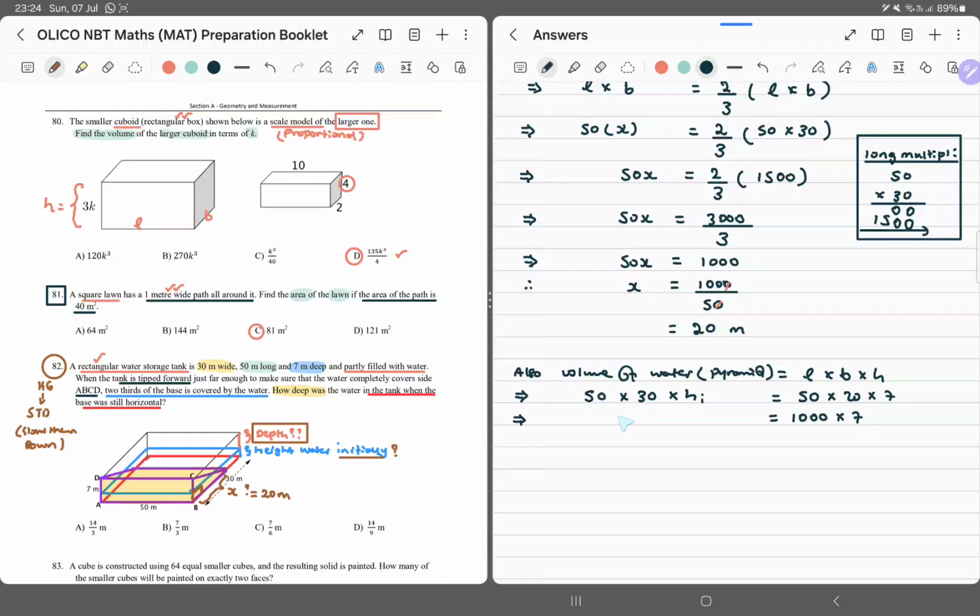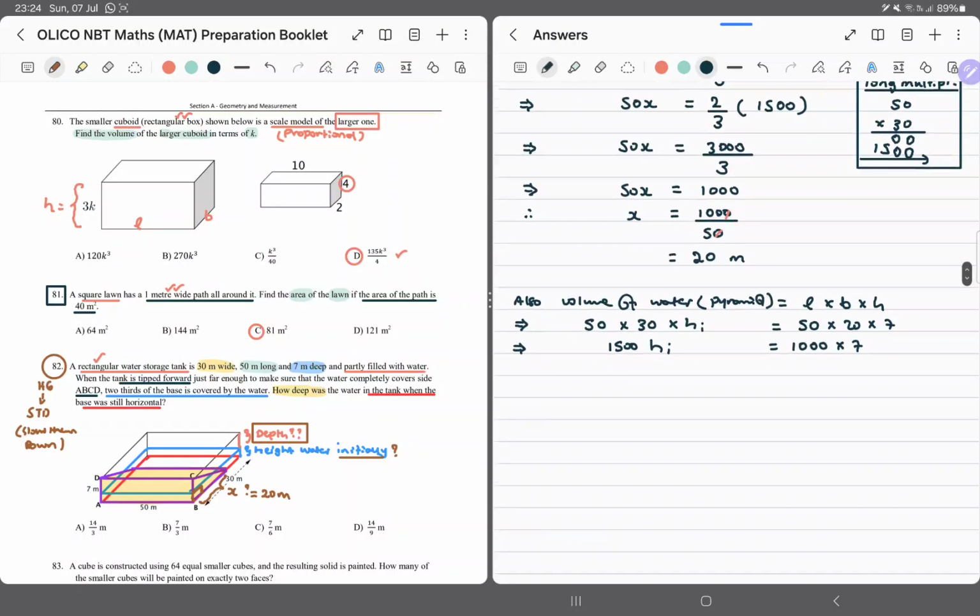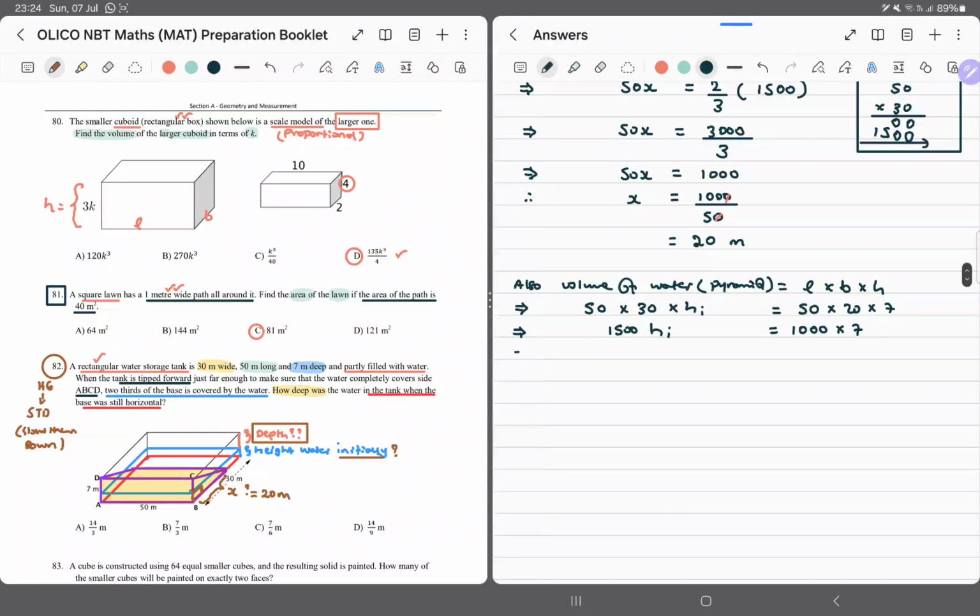So again, this is 1500 HI. And then what do we do here? So integration, guys, integration. So we can see that the initial height of water here, this is 7,000 divided by 1500, not 15,000. Again, this is a very easy thing to handle.